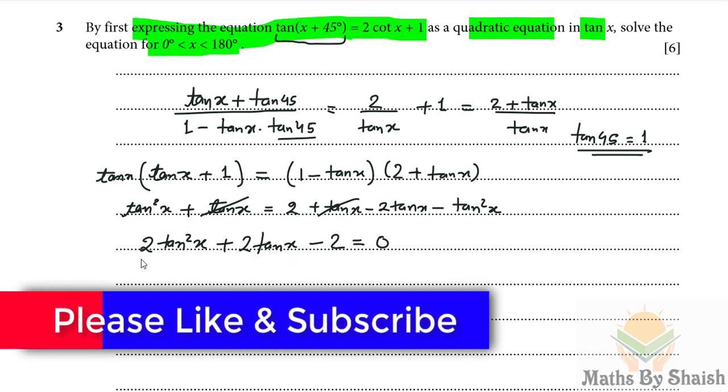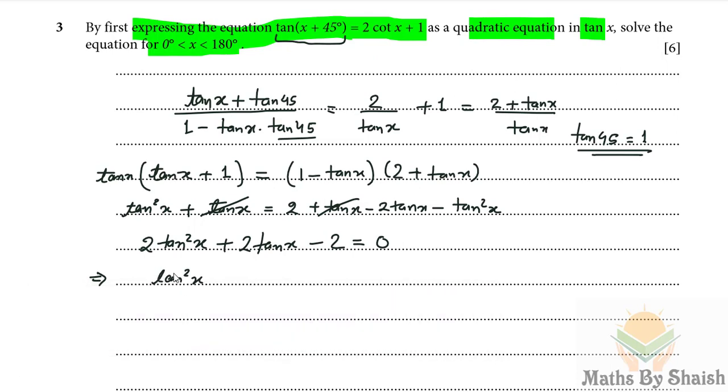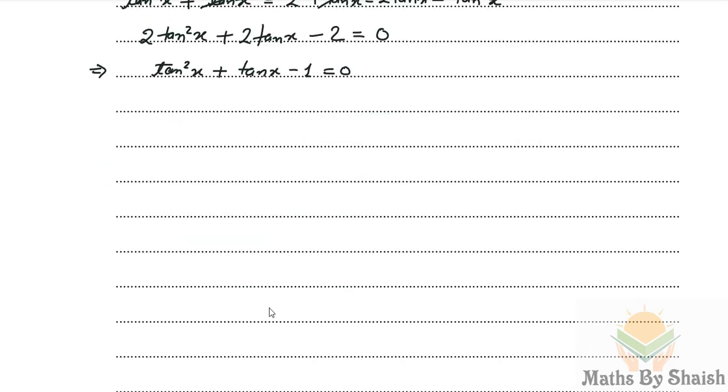So we can see 2 is everywhere, so we can also write this as tan square x. It's like dividing every term by 2, so we'll get tan square x plus tan x minus 1 equals 0. Now let's solve it. Since it is a quadratic, I'll use the quadratic formula directly. We can take tan x as any other variable, let's say a or k or t, but that's fine.